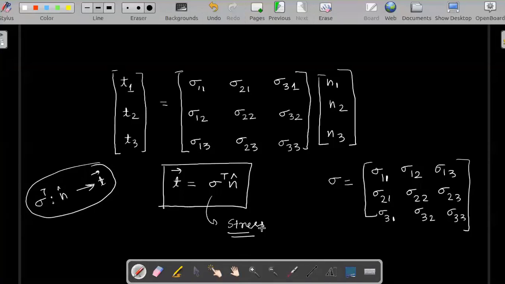Okay, so this is what the stress is, and this equation can be further written as t_i is equal to sigma_ji n_j. This is index notation I'm trying to write.